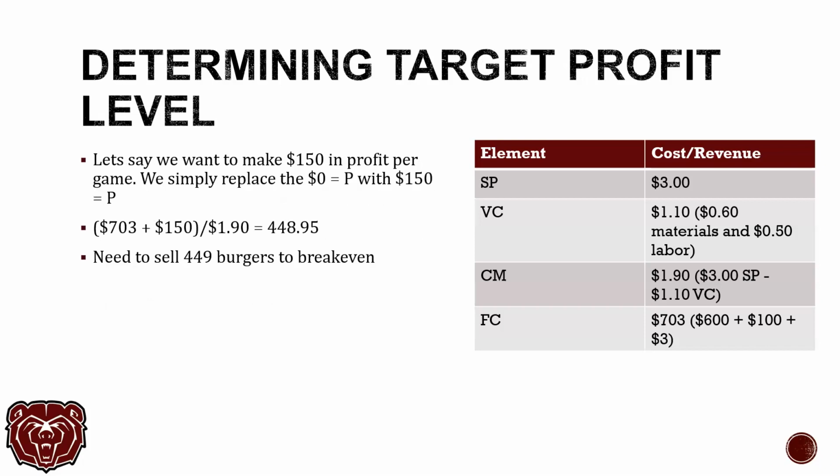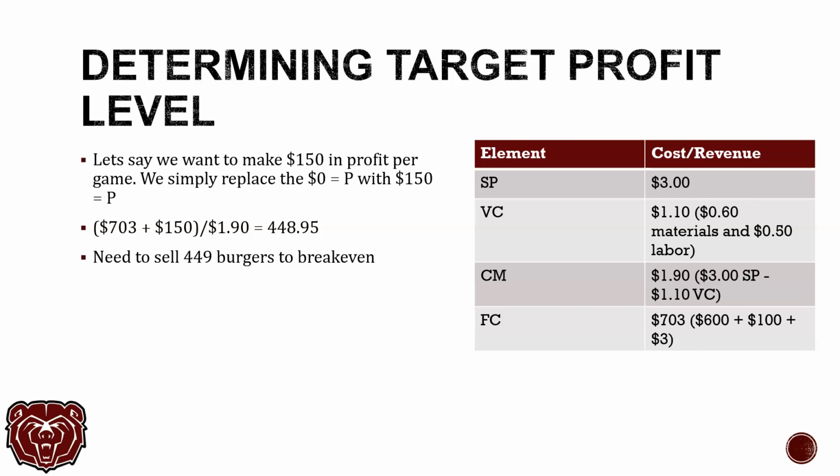Okay. We can also now determine our target profit level. We can determine our break-even points with a target profit level. So let's say that we want to make $150 in profit per game. We simply replace the $0 profit with $150 profit.